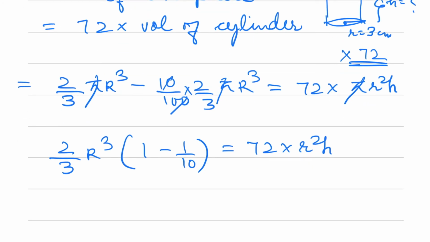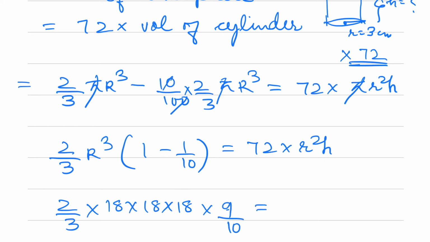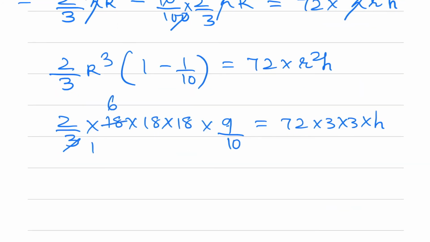Now let's substitute the radius and the height. So 2 by 3, radius of hemispherical bowl is 18 into 18 into 18, and this becomes 9 by 10. This is equal to 72 into 3 into 3 into height. 3 times 1, 3, 6 times.